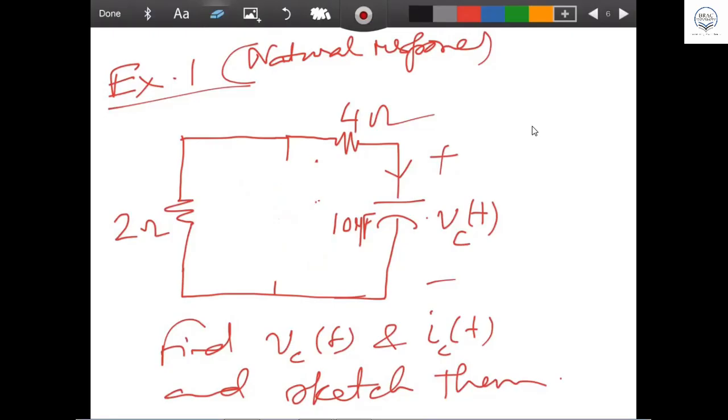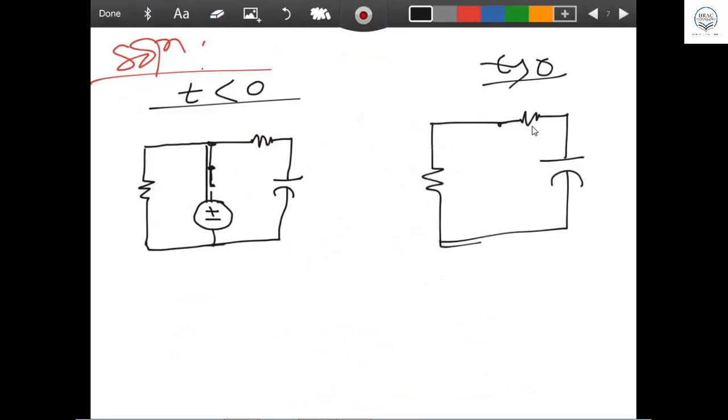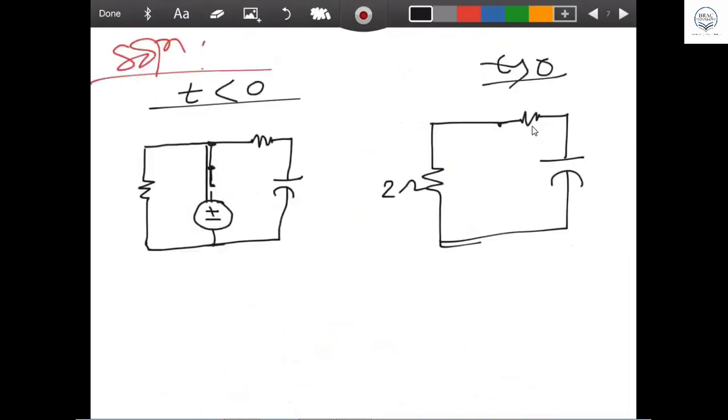So you can draw this circuit like this, with a 2 ohm resistor, a 4 ohm resistor, and a 10 microfarad capacitor.